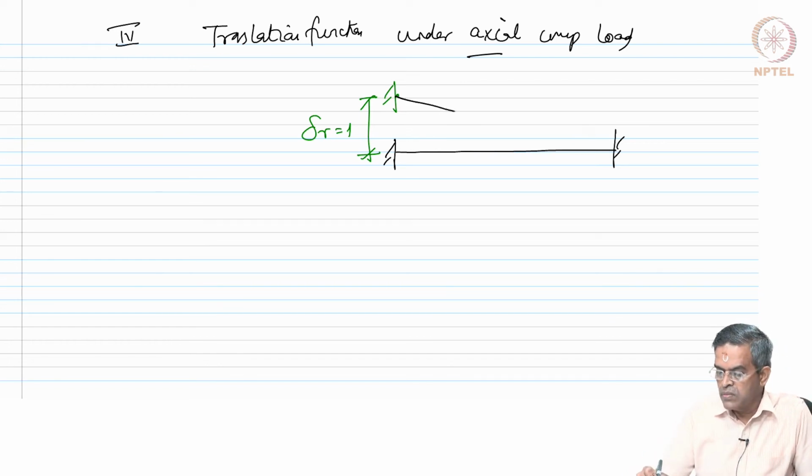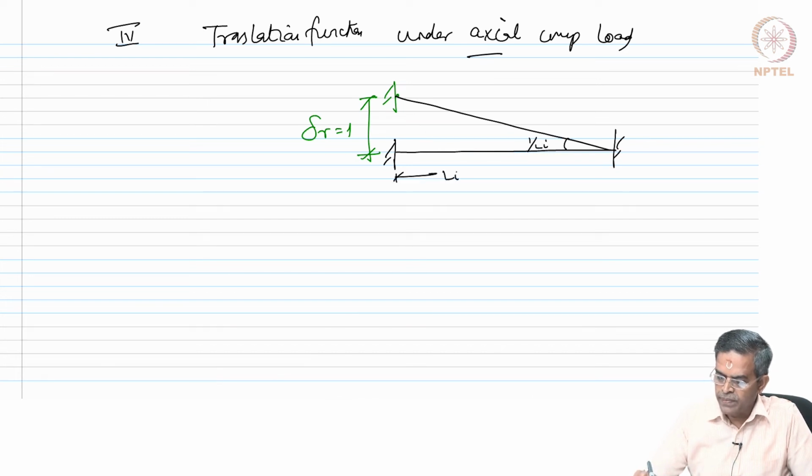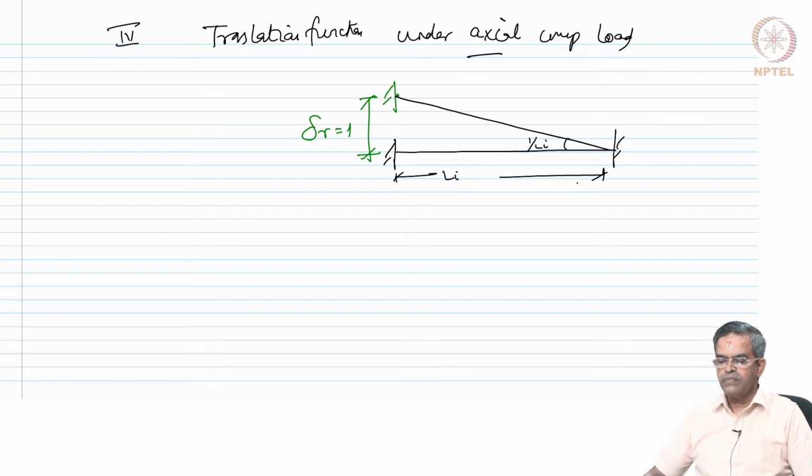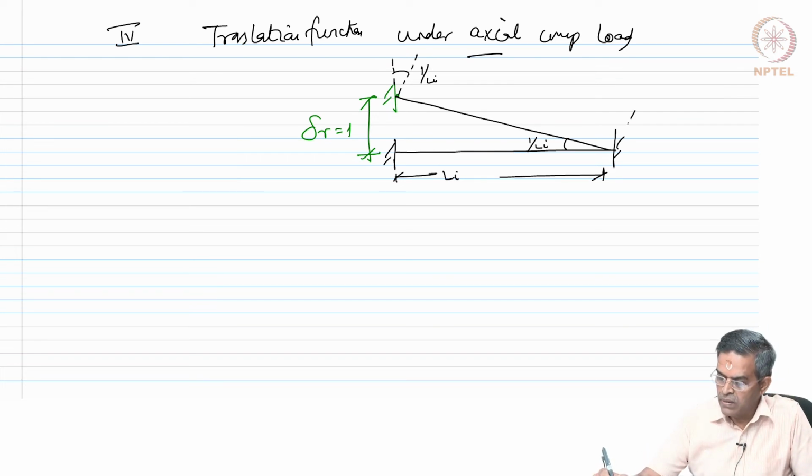Now, the beam will take this position. If this angle is 1 by Li, this is Li, we will agree upon this fact that this angle is also 1 by Li, this angle is also 1 by Li, there is no dispute in this.